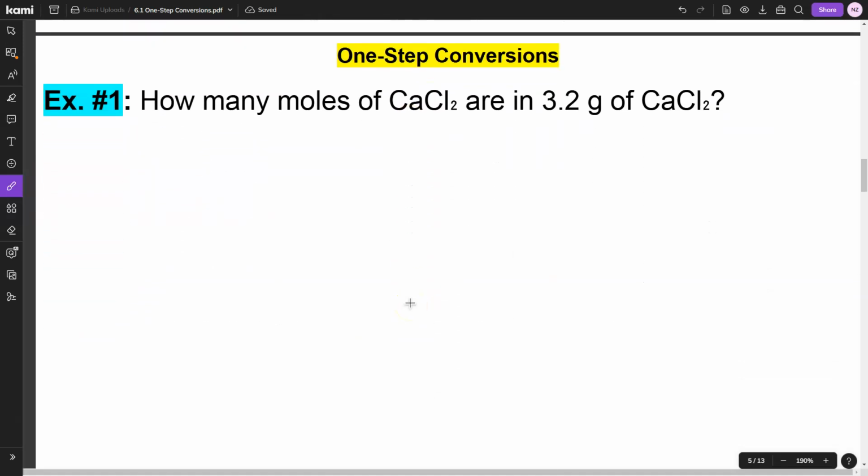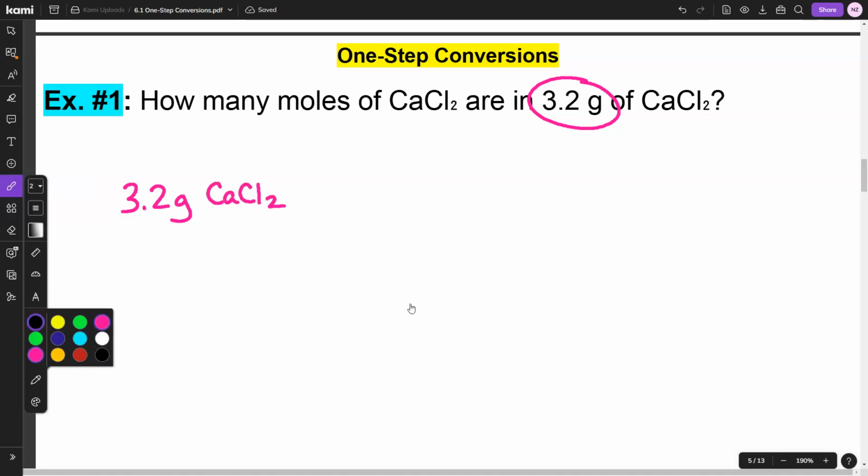All right, let's go through this example. It says how many moles of calcium chloride are in 3.2 grams of calcium chloride. So we're going to start with our given, which is 3.2 grams. And it's not just 3.2 grams, it's 3.2 grams of calcium chloride. Okay.